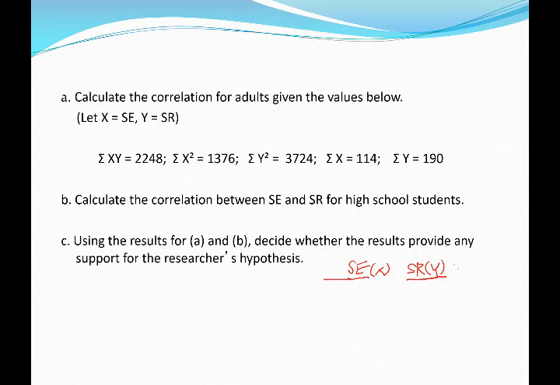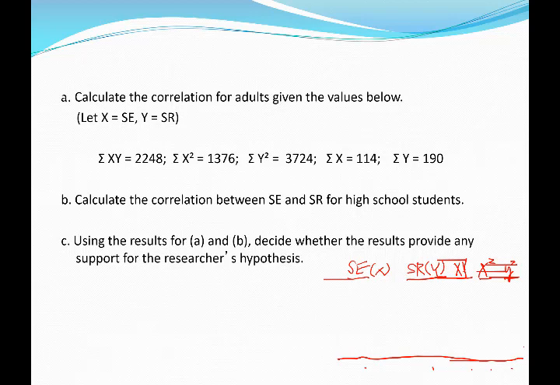You also want to have the XY column, your X squared column, and your Y squared column. And you want the totals at the very bottom, so that you can use those totals for the formula. Once you have the totals, it's plugging in, just like question A, and calculating. That will tell us what the correlation is between self-esteem and social responsibility for high school students.